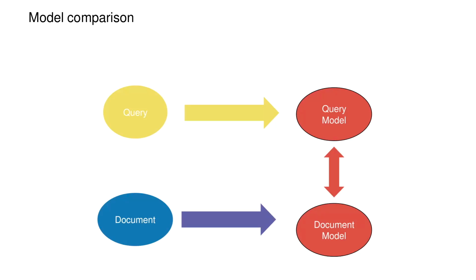And finally, there is a third approach where you generate both models. You generate a model for every document, you generate a model for every query, and then you compare the models. You look at the distance between the models. The documents whose model is closest to the model based on the query is ranked higher, right?